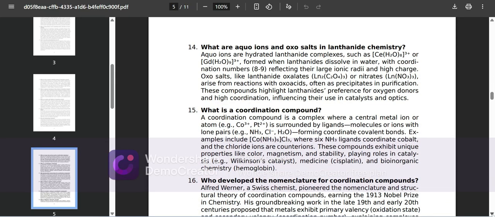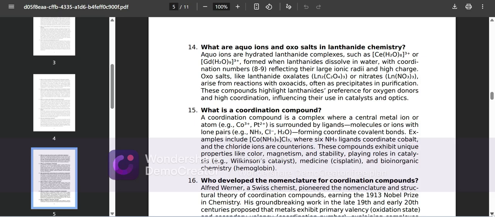What are aqua ions and oxo salts in lanthanide chemistry? Aqua ions are hydrated lanthanide complexes such as Ce(H2O)9 3+ or Gd(H2O)9 3+, formed when lanthanides dissolve in water, with coordination numbers 8 to 9, reflecting their large ionic radii and high charge.